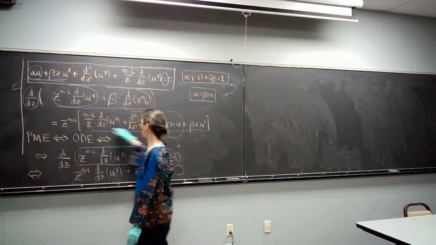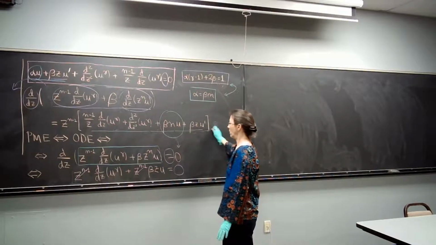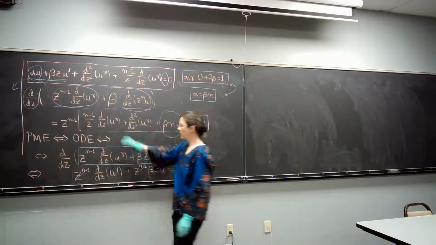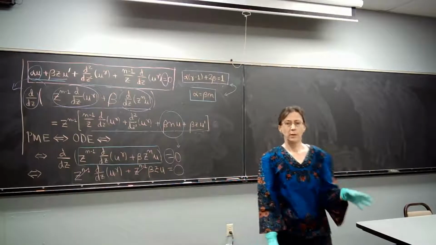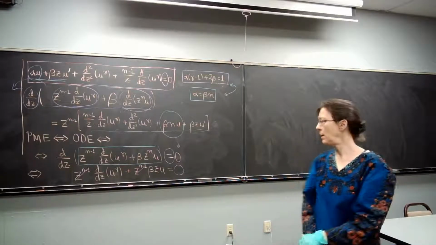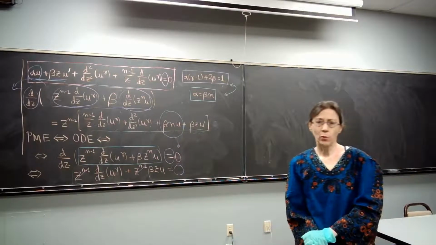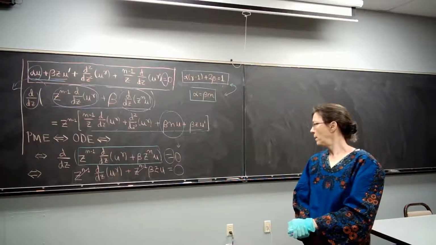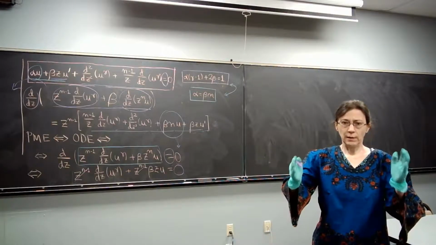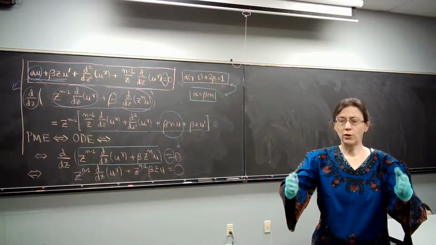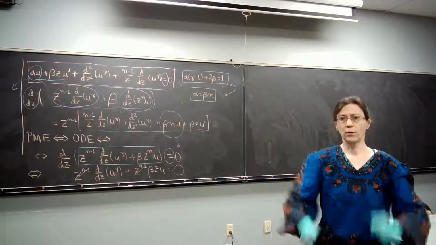So the only way this product can be equal to 0 as functions is if it's this factor that is equal to 0. That's why I'm not really canceling z. I'm factoring out z to the n minus 1, and then I'm saying that z to the n minus 1 times this other factor is identically equal to 0 if and only if it's this factor that is equal to 0.